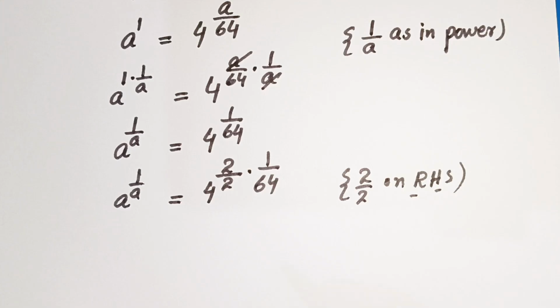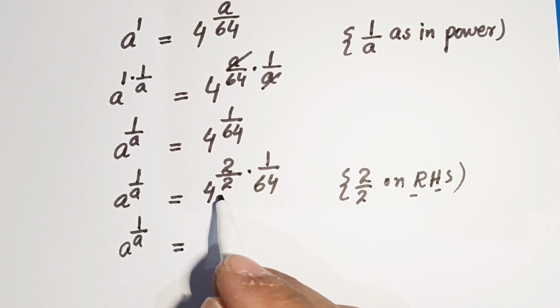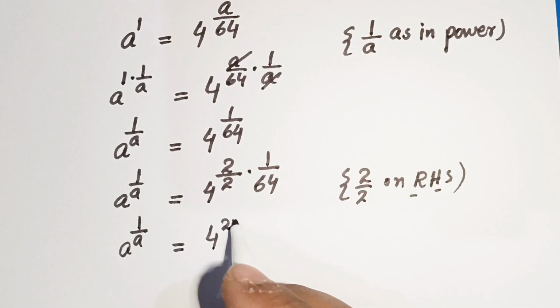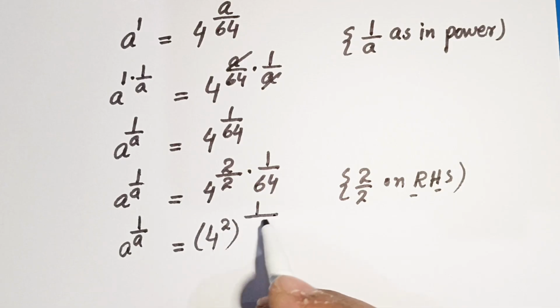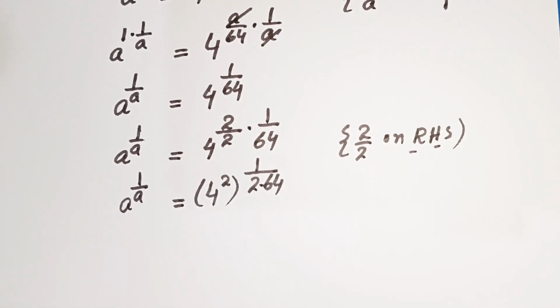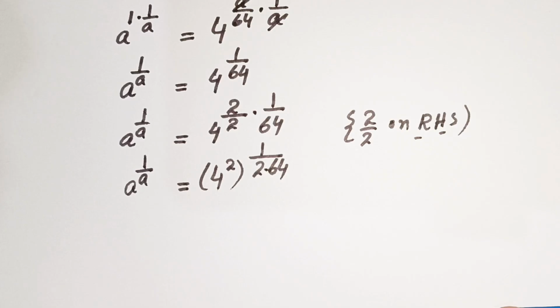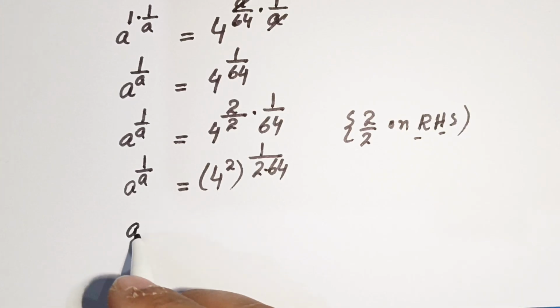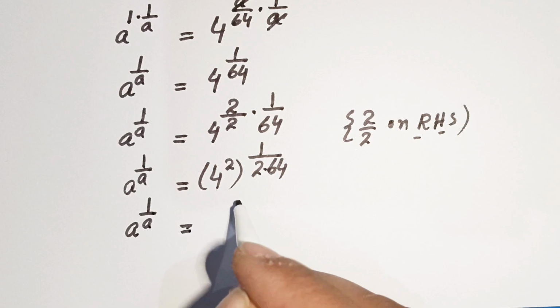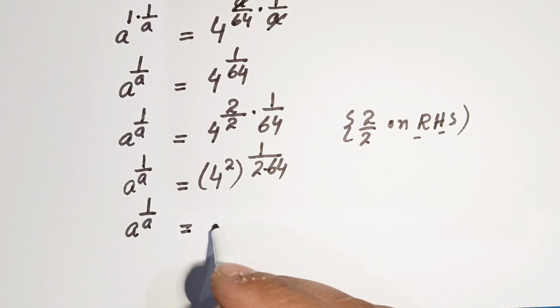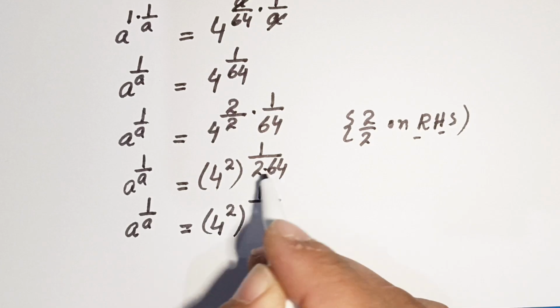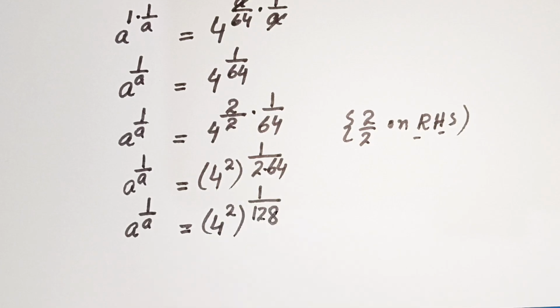So a to the power 1 over a is equal to, here we can also write this as 4 squared whole to the power 1 over 2 times 64. So 2 times 64 is equal to 128. So this will be a to the power 1 over a is equal to 4 to the power 2 whole to the power 1 over 64 times 2, which is 128.